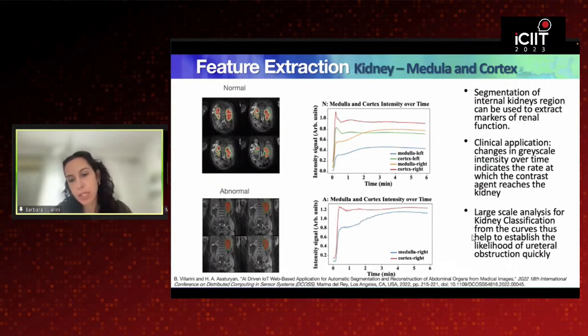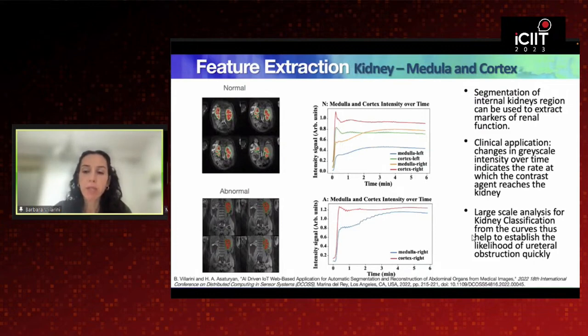An example you can see in these figures. Here, the change in grayscale intensity over time can indicate the rate at which the gadolinium contrast agent reaches the kidney, and thus gives an insight into the condition of this organ.